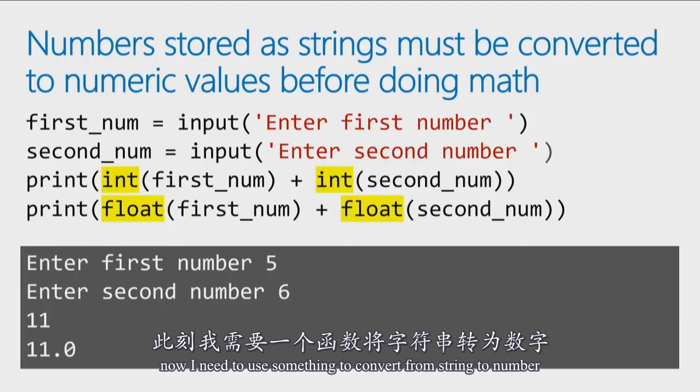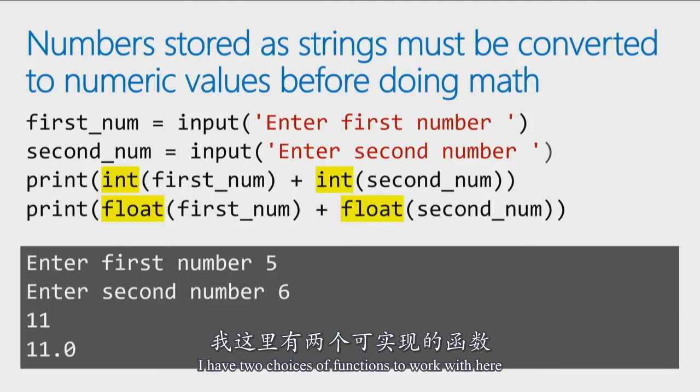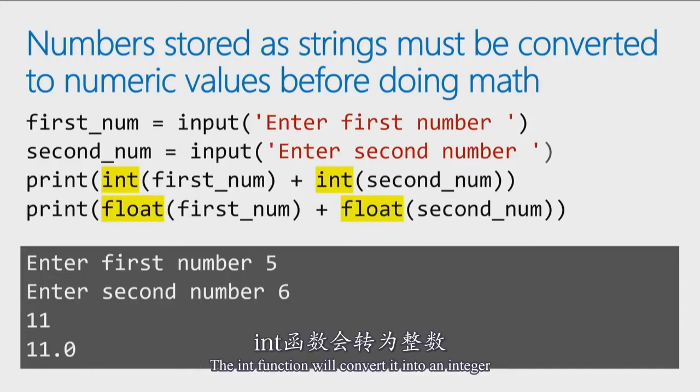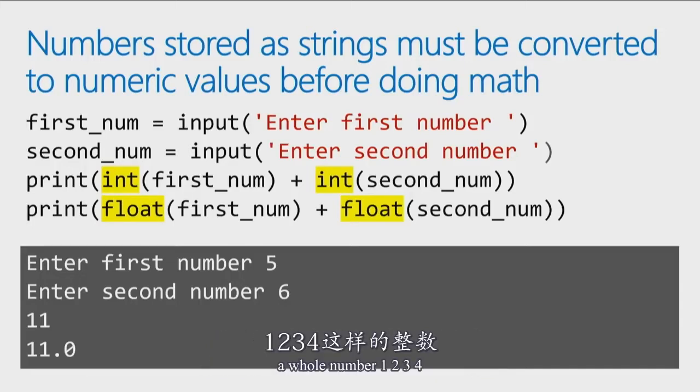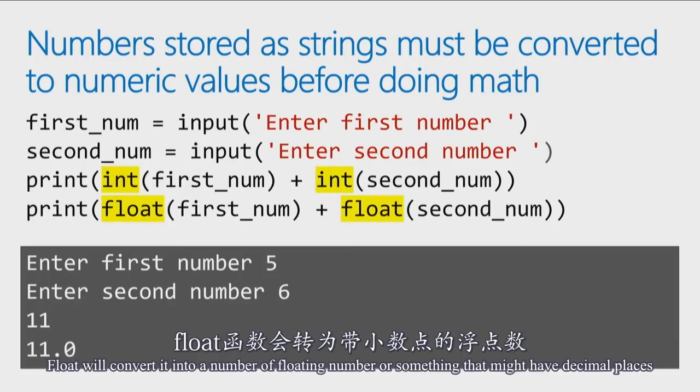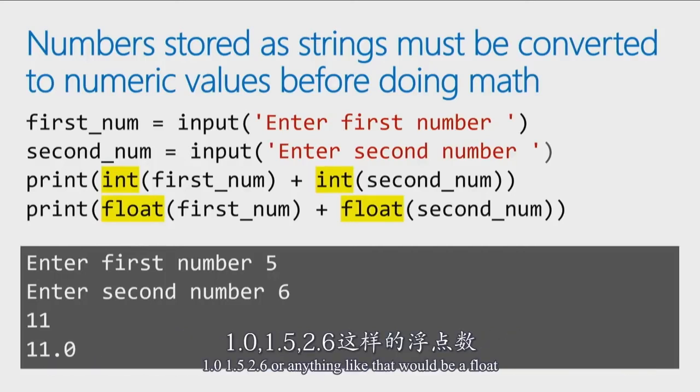Now I need to use something to convert from string to number. And I have two choices of functions to work with here. The int function will convert it into an integer, a whole number: 1, 2, 3, 4. Float will convert it into a floating number, or something that might have decimal places: 1.0, 1.5, 2.6, anything like that would be a float.